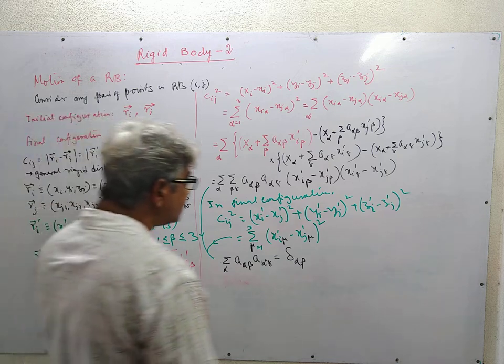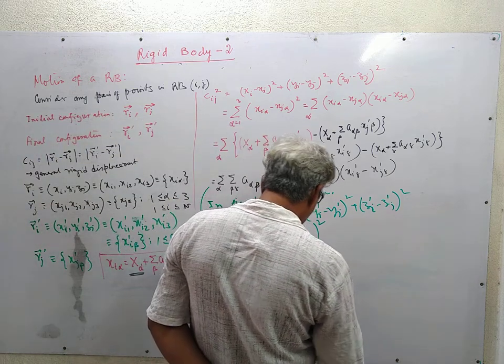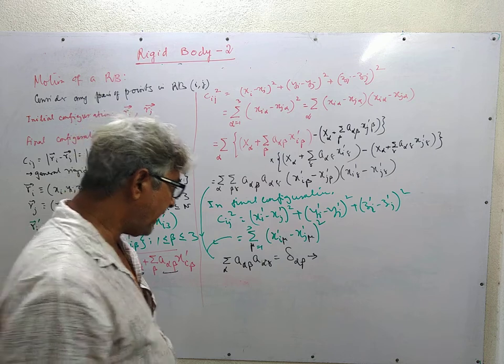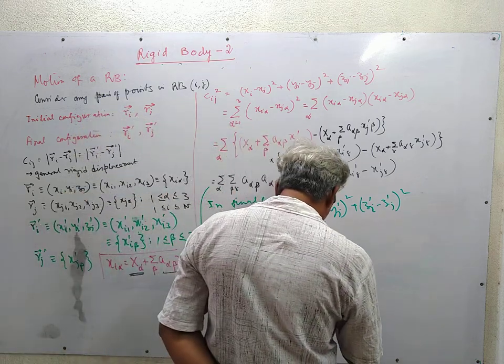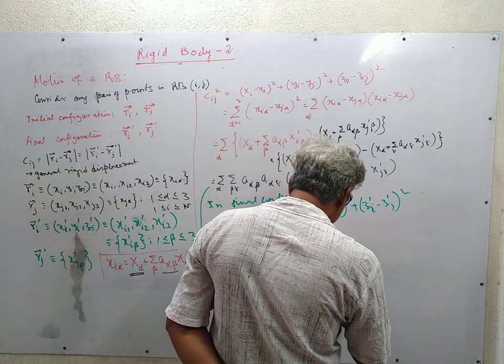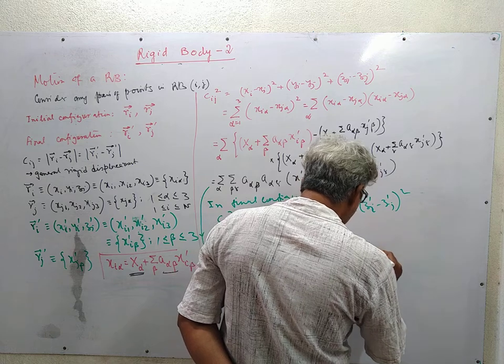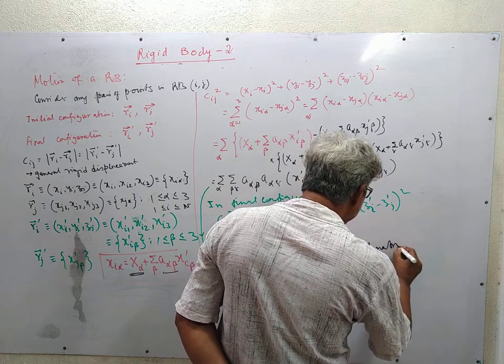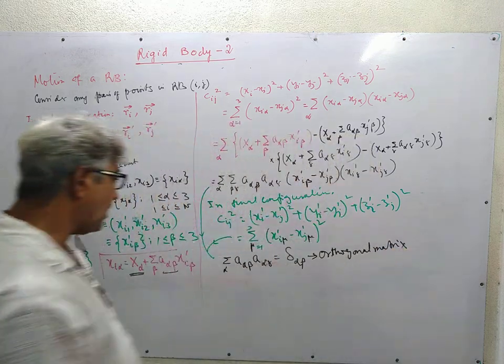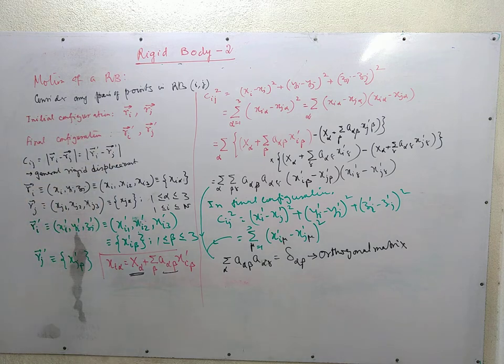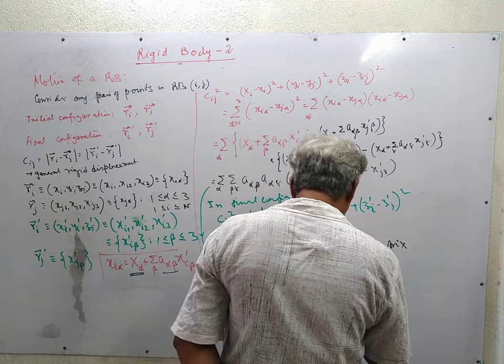So we know this is an orthogonal matrix, or rather these A alpha beta are the components of an orthogonal matrix which designates the rotation.